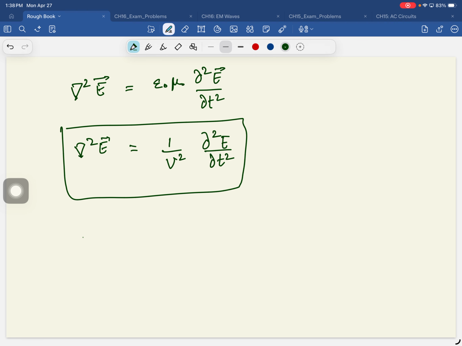All right, this looks pretty messy. So of course, what do you do? You make simplifying assumptions. So let's look for electric fields that are only functions of x and t.